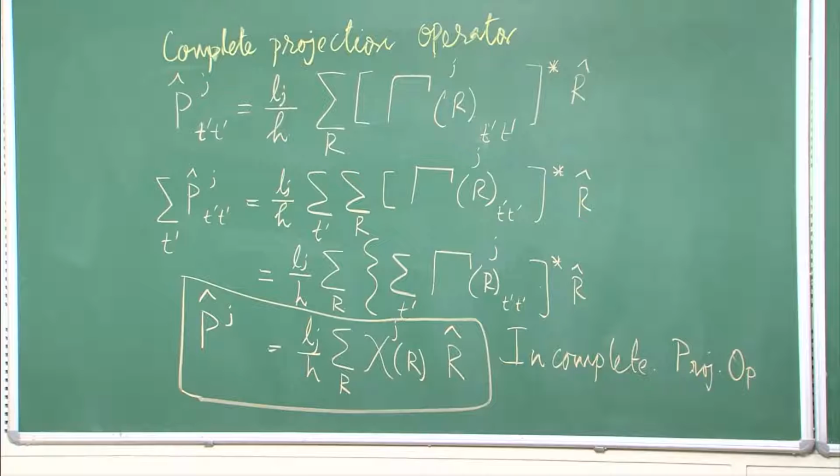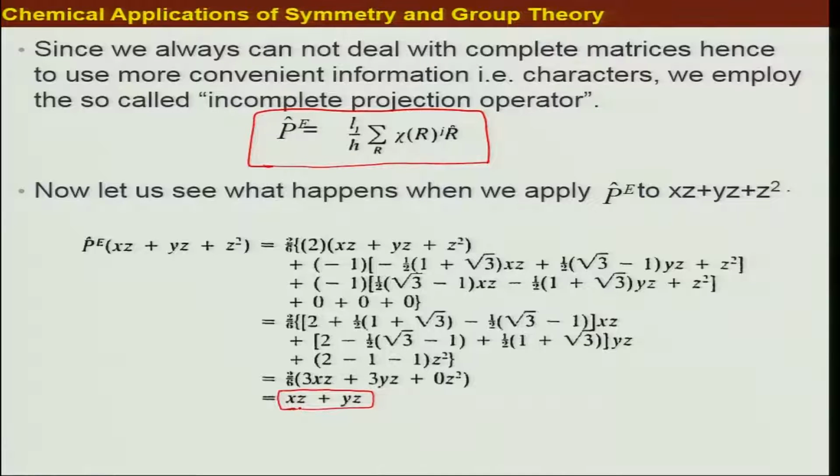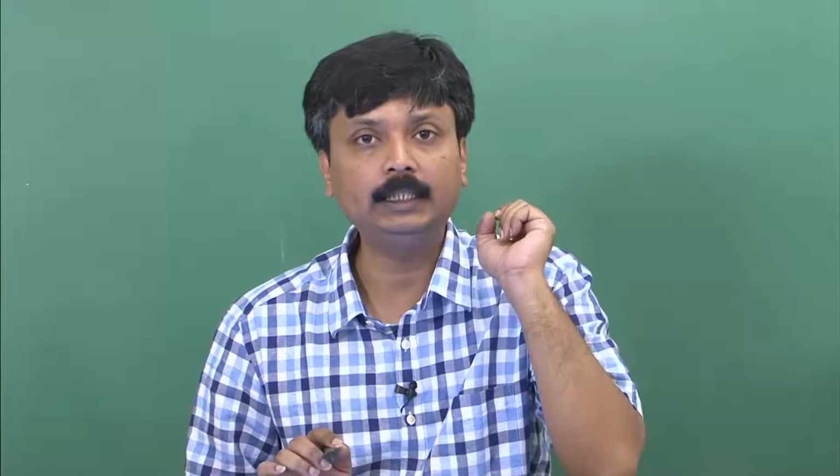So, we are getting pretty much the same result, because xz and yz are combined by this addition, right. Which means that xz and yz together form the basis of the representation E.